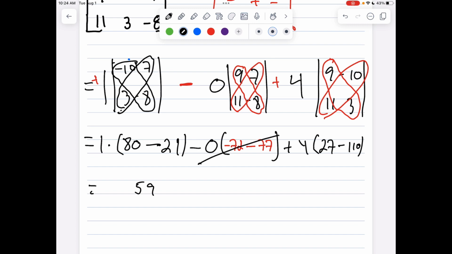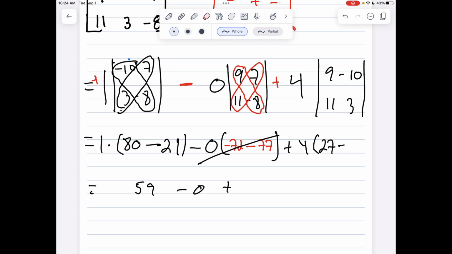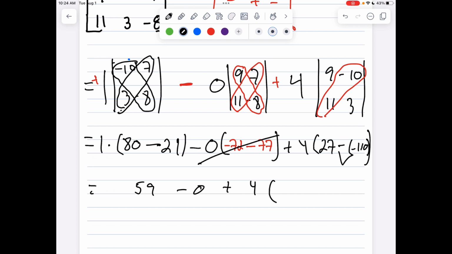I really don't care what this is, that just zeroes out. And then 27, oh, I'm sorry, let me go back. Glad I made this mistake to showcase something. It was 11 times minus 10, which is negative 110, so excuse me. That often happens where you make a sign mistake there. What happens here is you have two negatives, so it makes a positive, 27 plus 110.